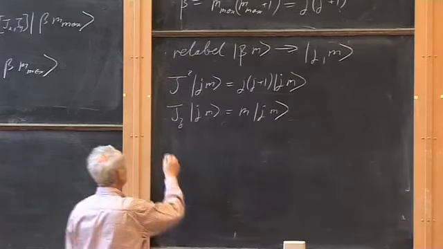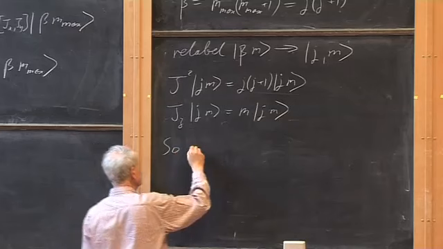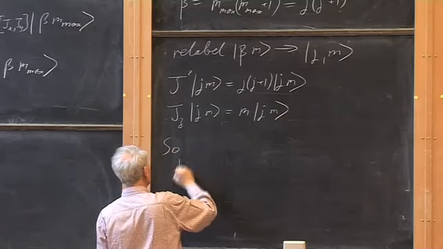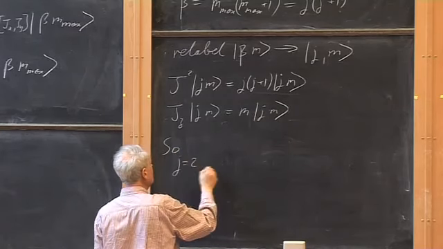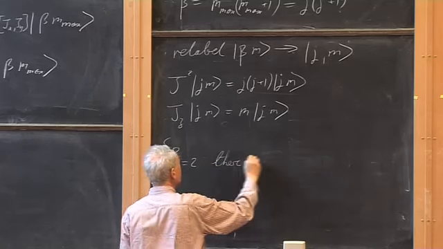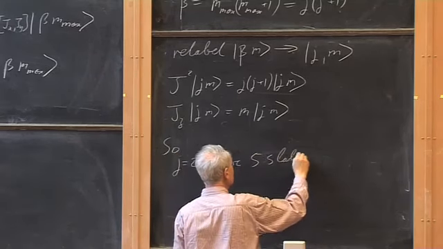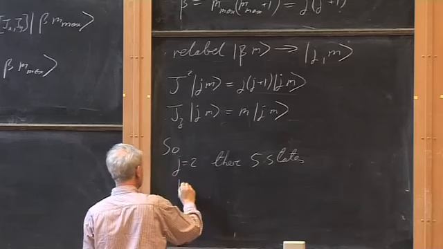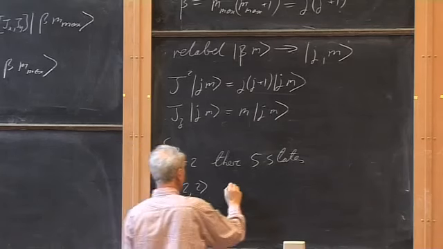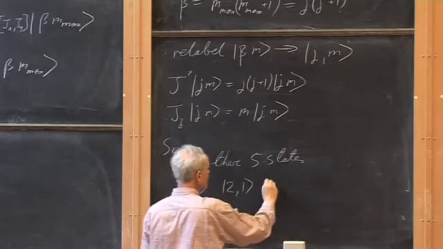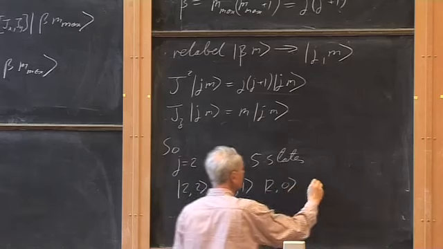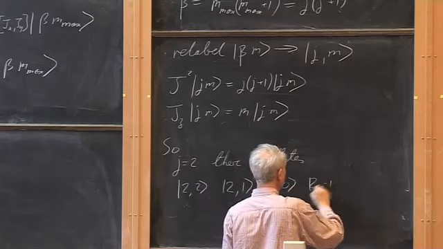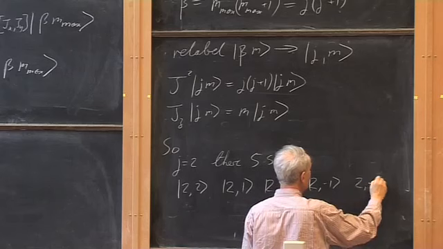So we have, if j equals 2, there are 5 states. There is 2, 2; 2, 1; 2, nothing; 2, minus 1; and 2, minus 2.